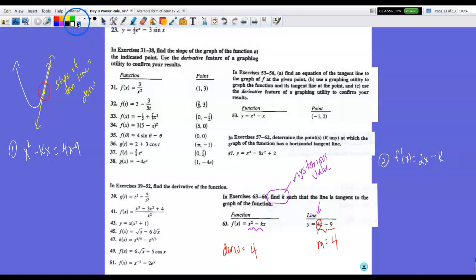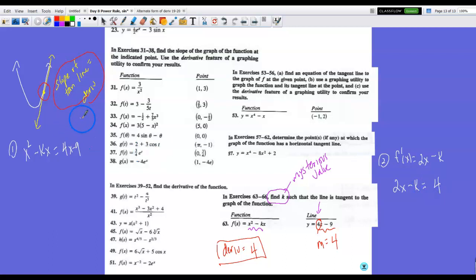Now think about what we said over here. We know that the derivative is equal to 4 because the slope of the tangent line is the derivative. So we have two implications: an algebraic implication and a calculus implication. The calculus implication is that we know that 2x minus k is equal to 4.